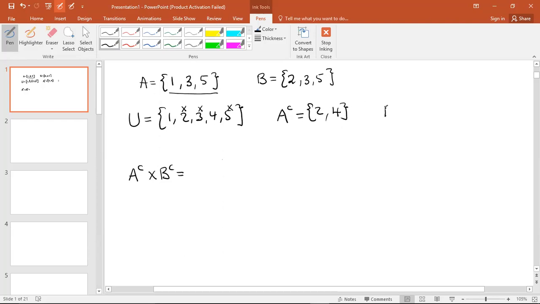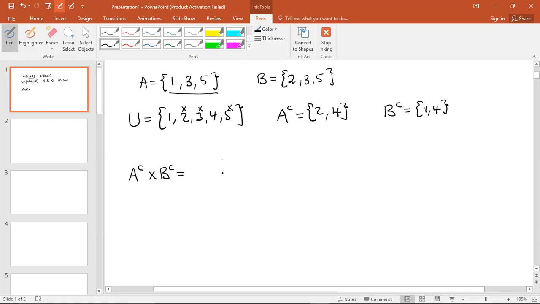Then you also come up with B complement: elements that are in the universal set but not in B. 1 is not in B, 2 is in B, 3 is in B, 4 is not in B, so B complement has 1 and 4.